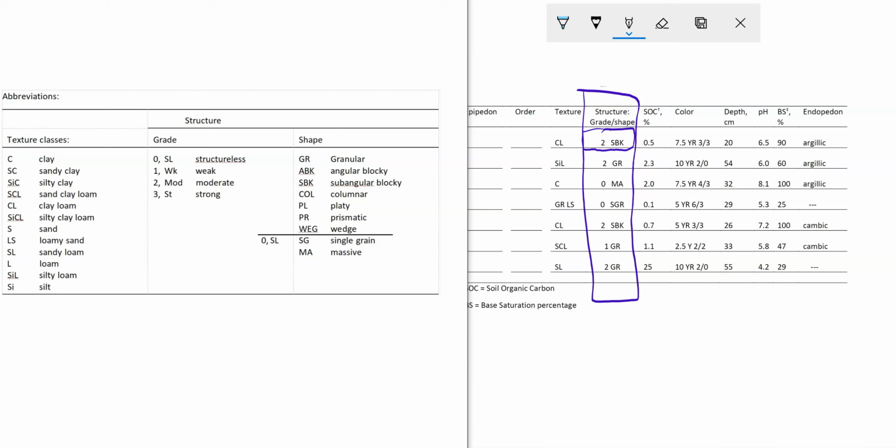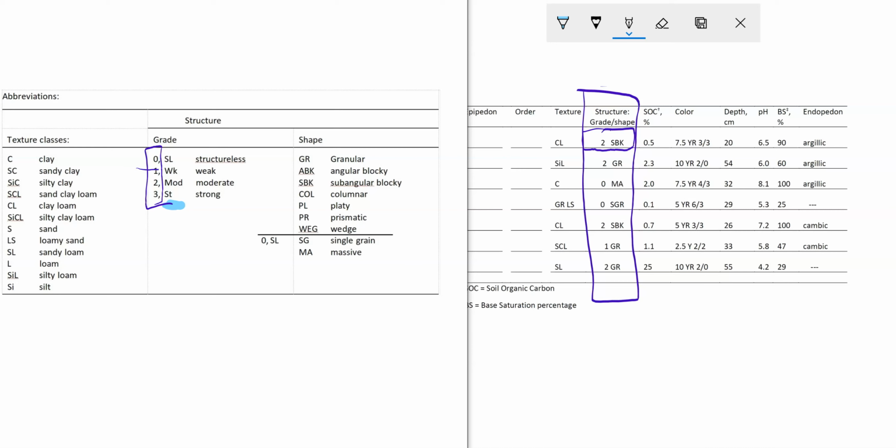So we look at our abbreviations, our help sheet that will be provided to us and that you have available to you. Historically, they were written first with words or letters as abbreviations: SL for structureless, WK for weak, MOD for moderate, and ST for strong, and sometimes it was MD for moderate. But they've gone to using numbers, 0, 1, 2, and 3, where 0 is structureless, and 1, 2, and 3 are soils with different grades of structure: weak, moderate, or strong.